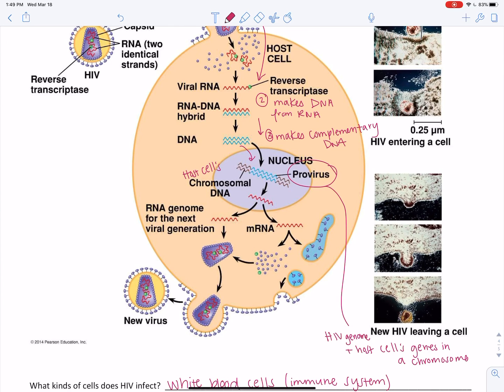What happens after that is just like what we talked about with transcription and translation. Once the HIV genome is incorporated into the host cell's genome, the provirus is able to make copies of HIV's DNA and mRNA. Then that mRNA is able to be translated into HIV's proteins, both its glycoproteins and its capsid proteins.